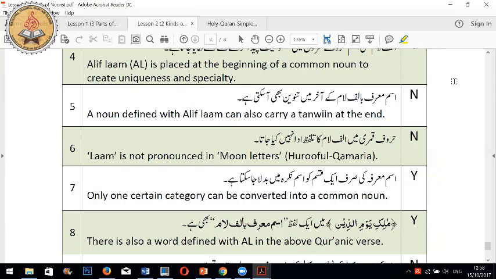Huwa basically is used for a male person, a human being, an individual. For example, we say huwa waladun, okay? Huwa waladun. We cannot say huwa masjidun. So huwa is a personal pronoun.